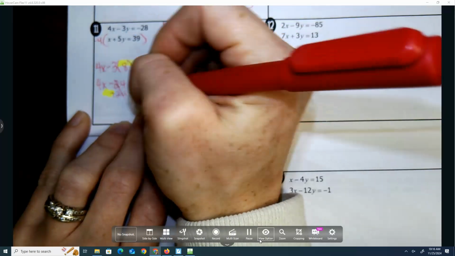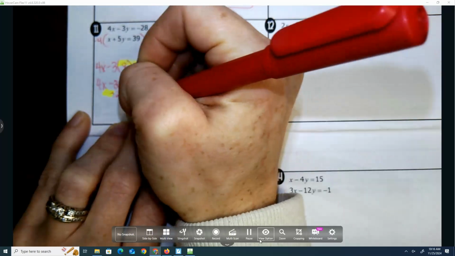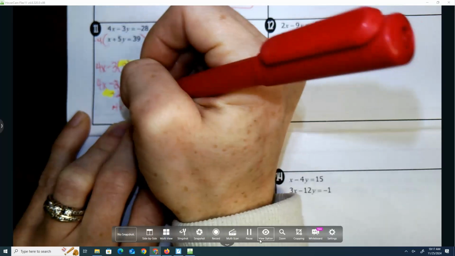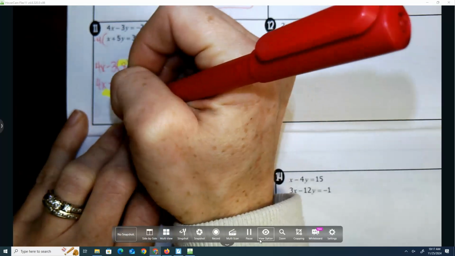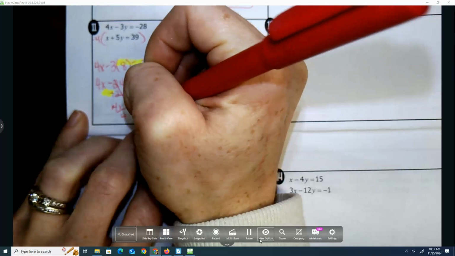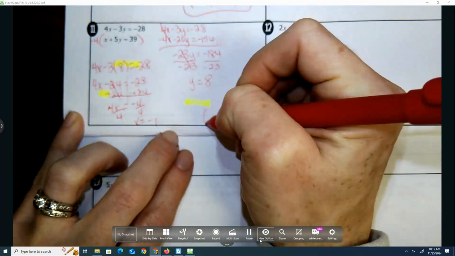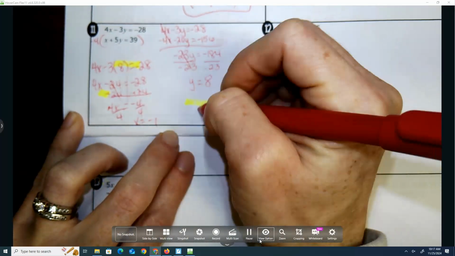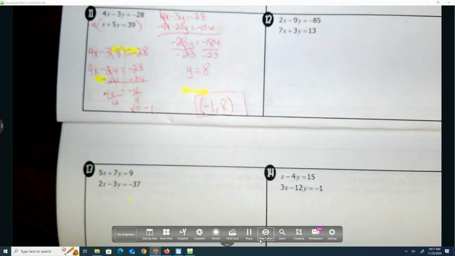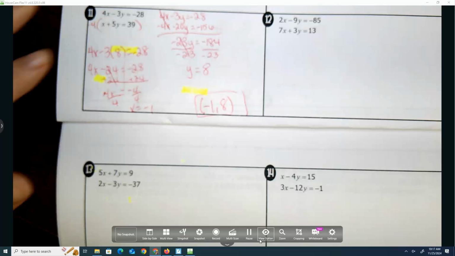Add over the 24. 4x is -4. Divide, and we get -1. So our answer is -1, 8. I want you guys to do number 12.